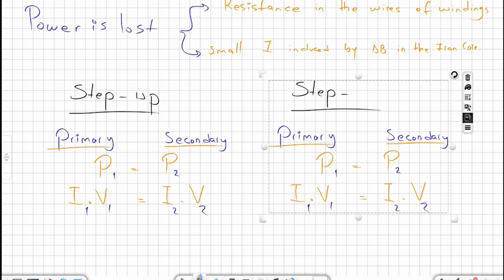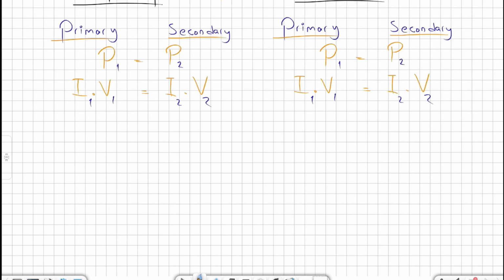Let's copy this one more time for the step-down transformer, and we will see that in a step-up transformer, V2 is more than V1. Since V2 is more than V1, I2 is less than I1. In the secondary of a step-down transformer, V2 is less. That's why it's called a step-down. So I2 is more than I1, and as a result, V1 will be more, I1 will be less than I2.